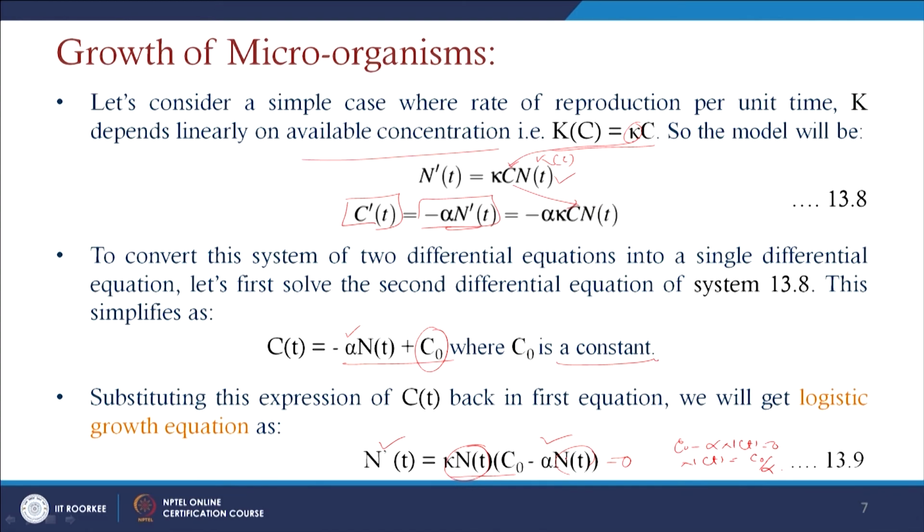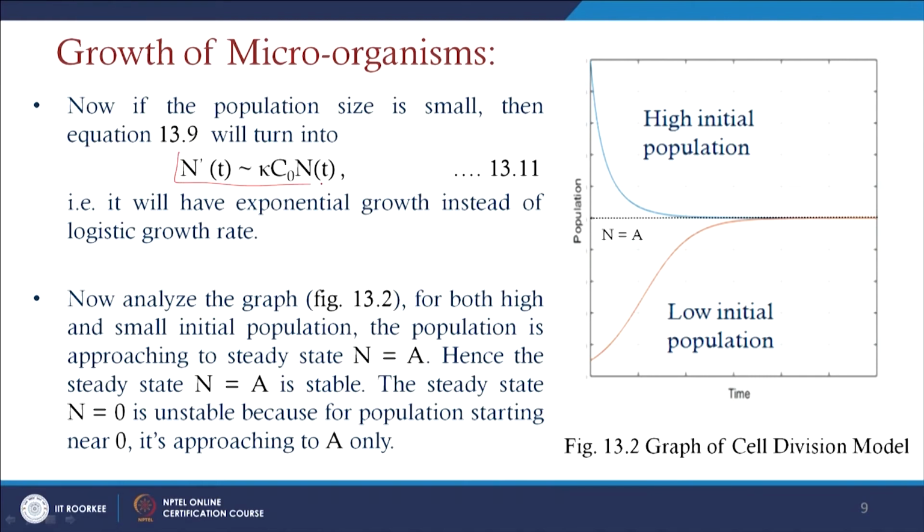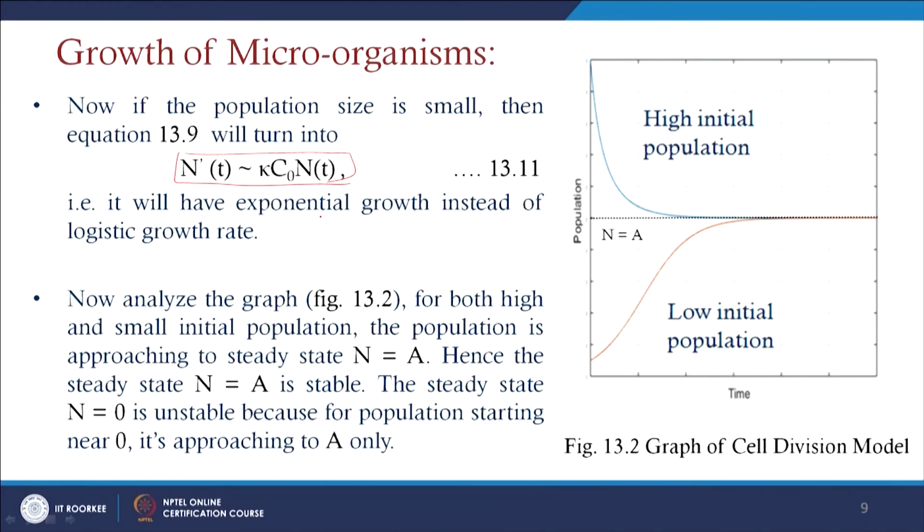Since n is very small, n square can be neglected, so we have the first term, k n of t c 0. That is why n dash t is approximated as k c 0 n of t. That is, it will have exponential growth instead of logistic growth. If we directly find the solution, it gives an exponential solution: n of t equals some constant into e to the power k c 0 into t.